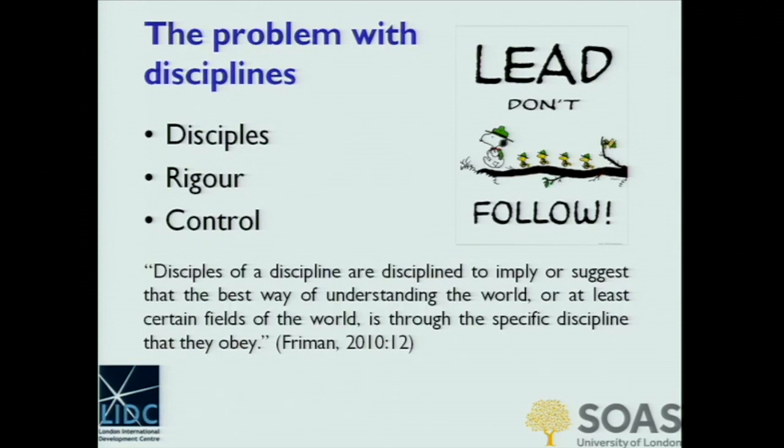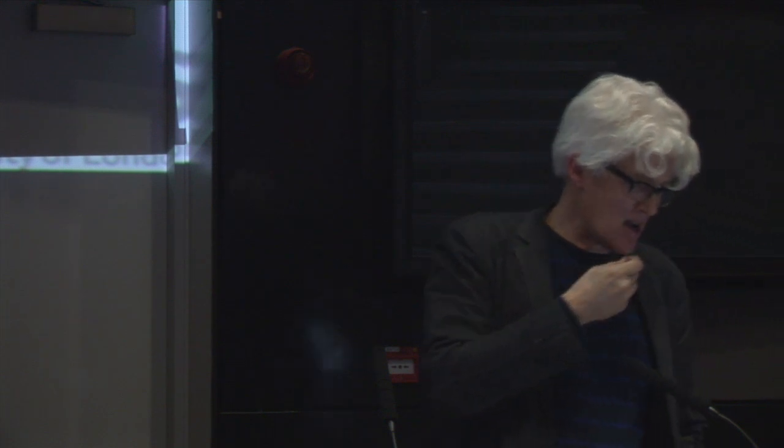One of the positive sides of discipline is obviously rigor, a systematic approach, a disciplined approach to science, if you take it in that sense. But the less simply positive things are this notion of followers and the notion of control. Discipline as control and discipline of following.